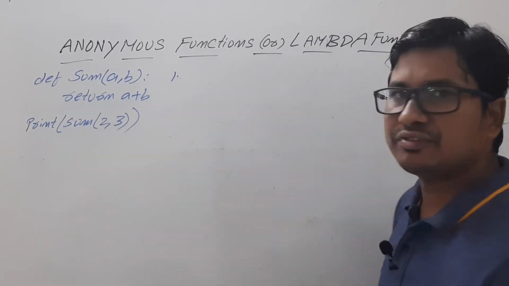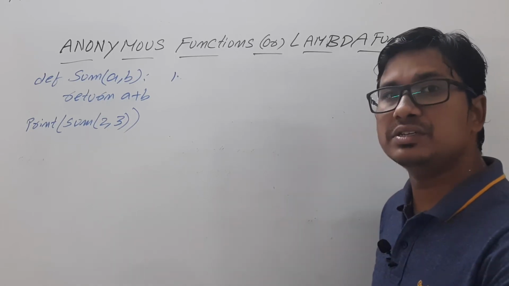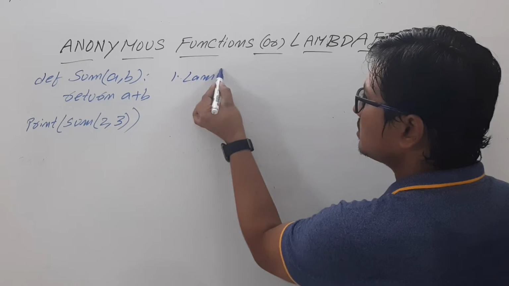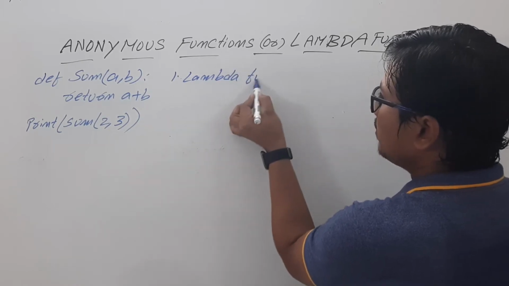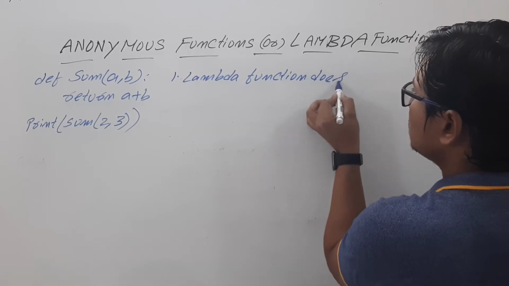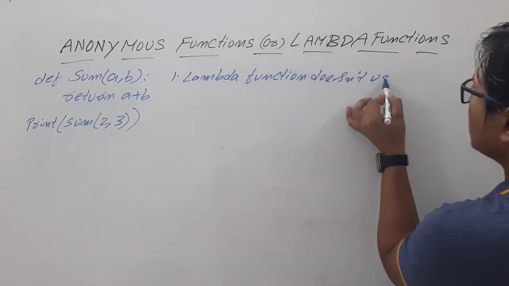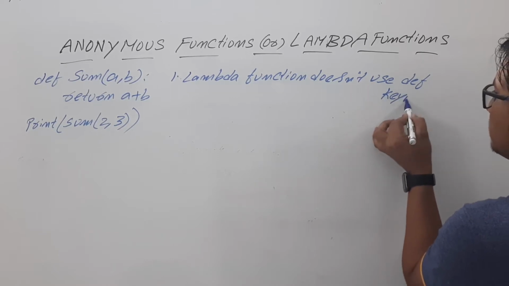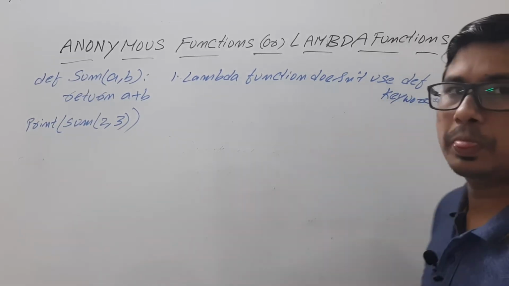The user defined functions will be defined using the def keyword, whereas lambda function does not use the def keyword. Let me write here. I hope it is visible for you.